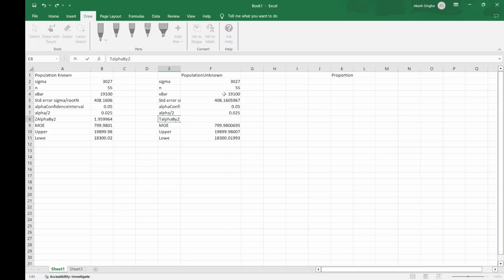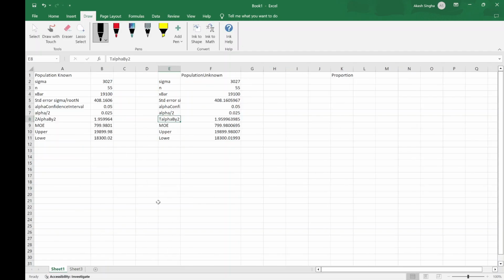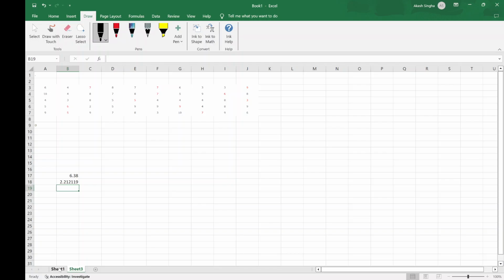Okay, now we have 6.38 as the mean. Sigma as 2.12. So it's not sigma here, it is called S value, standard deviation you can say, and it is 2.12.